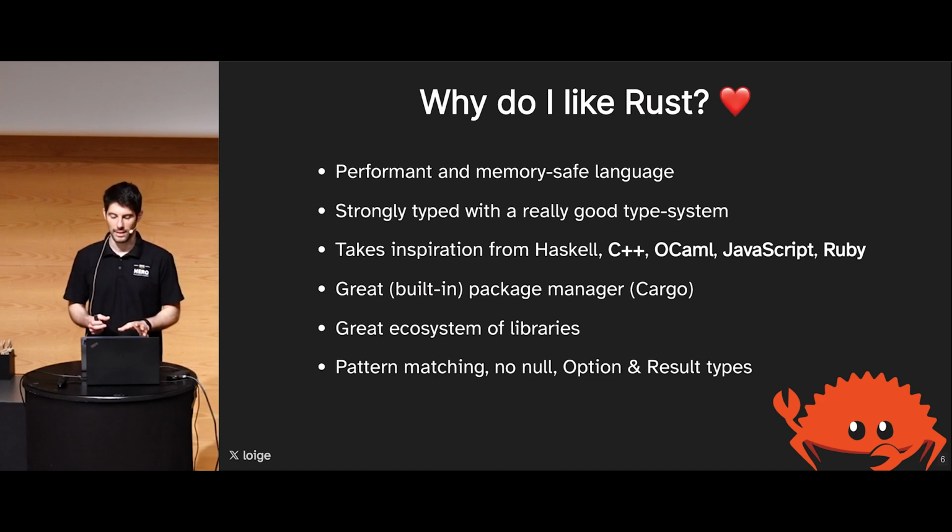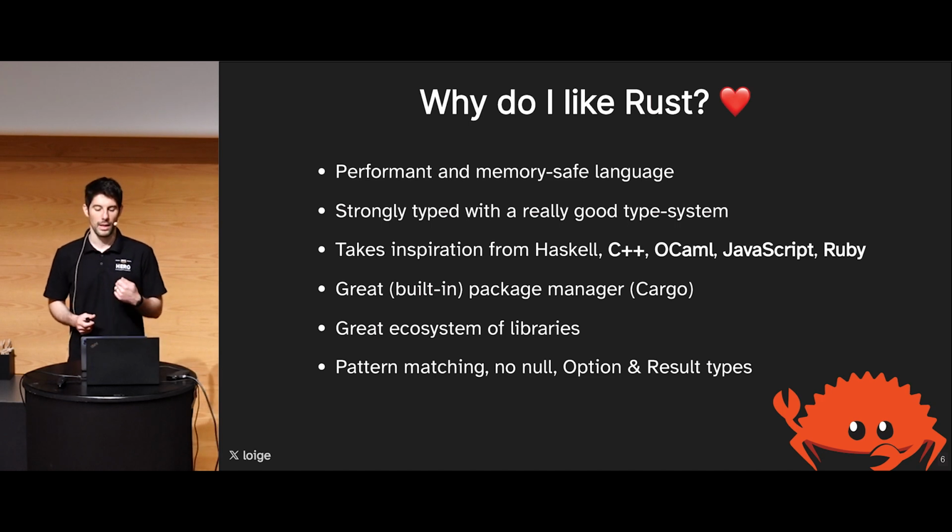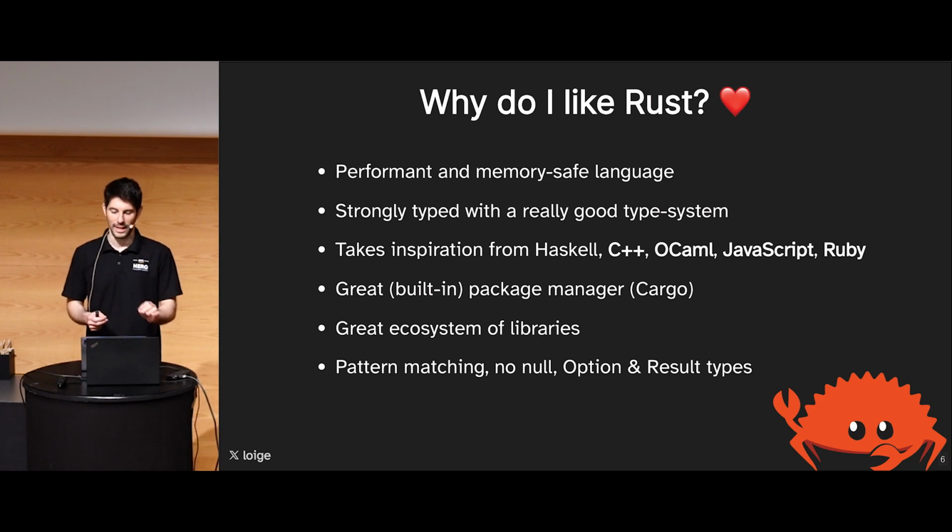There are some novel things, but you can see that the designers of the language are taking lots of inspiration from languages like Haskell, C++, OCaml, even JavaScript and Ruby. So if you see the syntax and if you have done any of these other languages, you will definitely spot some things that will feel familiar to you.